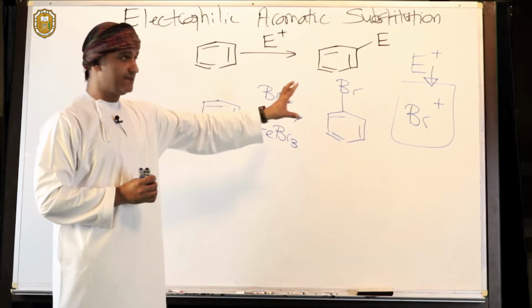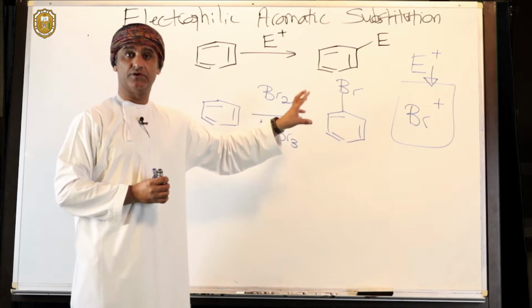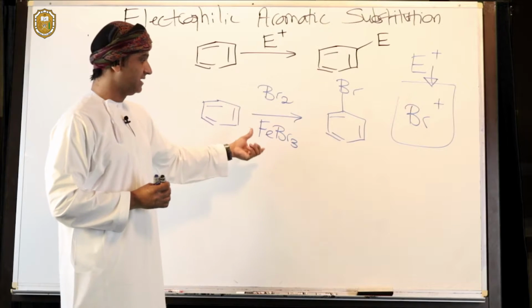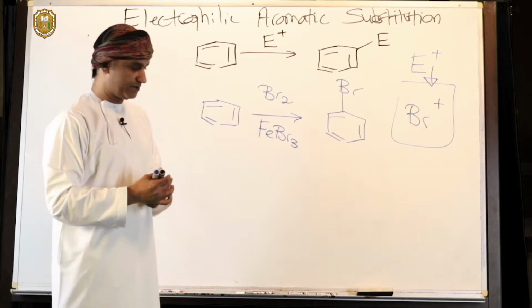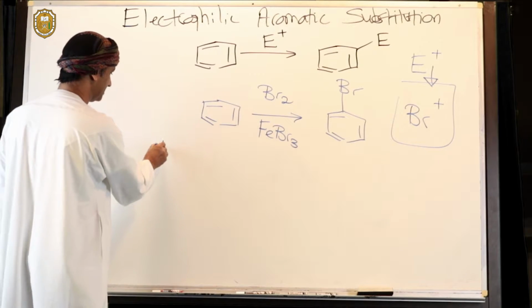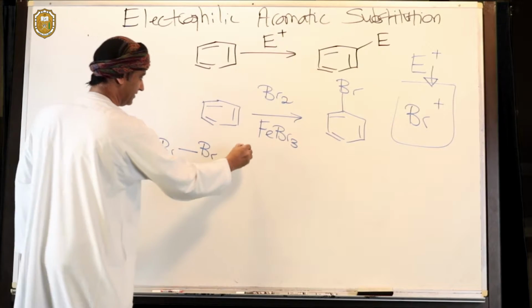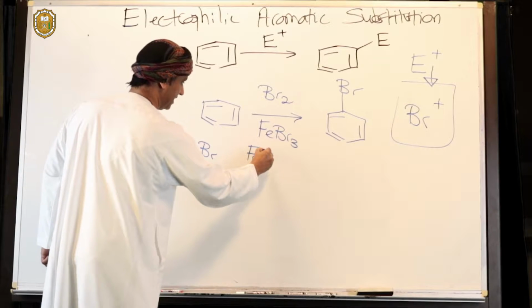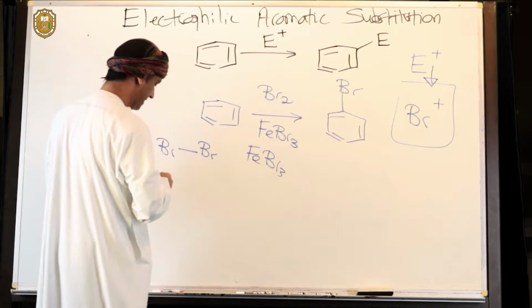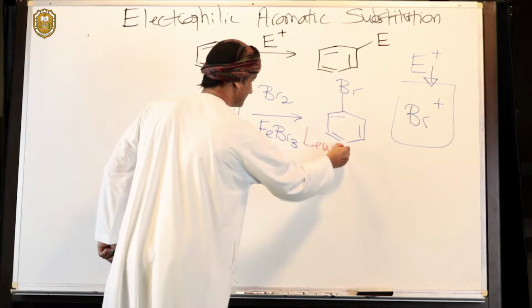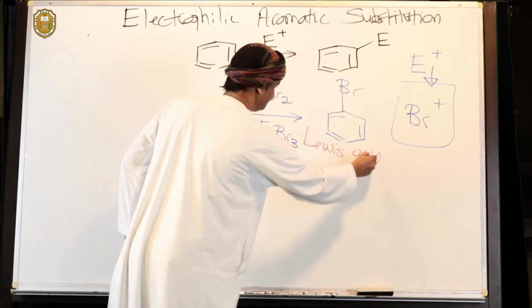So how does that happen? How does that electrophile form if bromine and iron(III) bromide react with each other? Remember, this is bromine and this is FeBr3. Remember, FeBr3 is a Lewis acid.